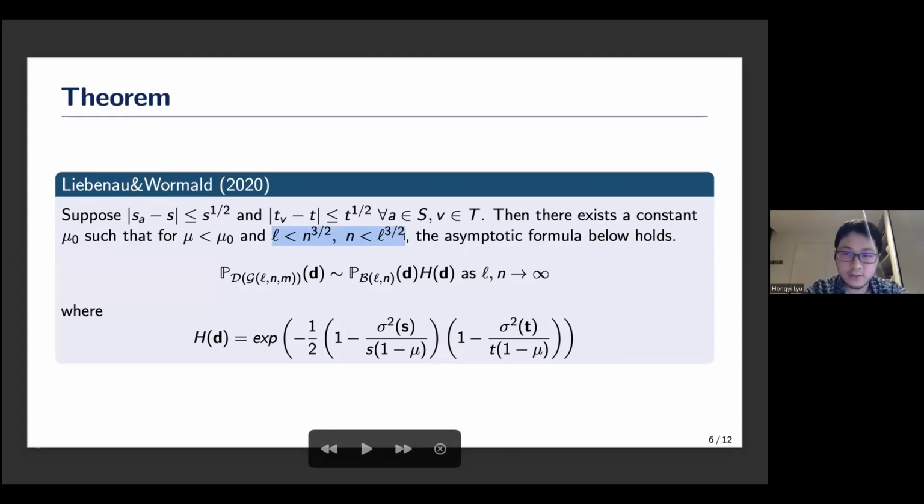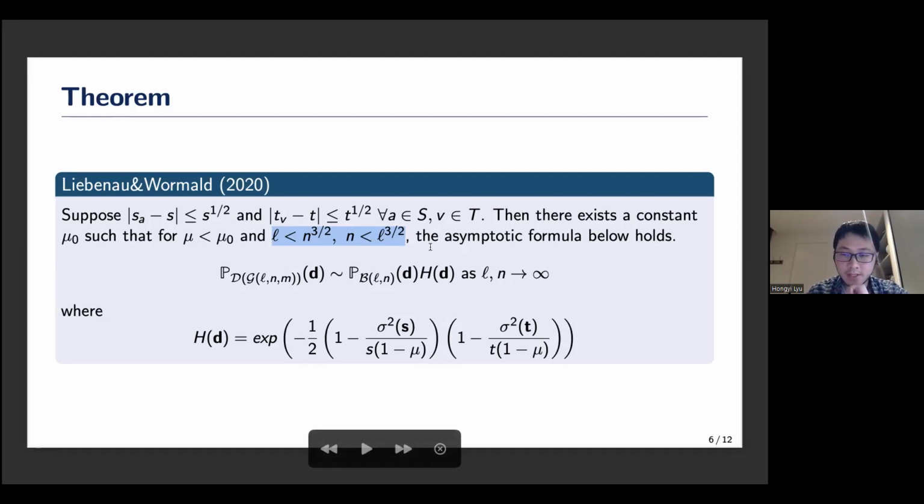And this is already a very good improvement from previous results, because previously, except for the very sparse regime, this formula was only proved when the cardinalities of the two sides are within a multiplicative logarithmic factor of each other.